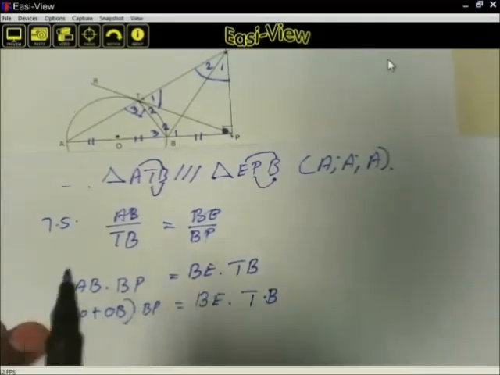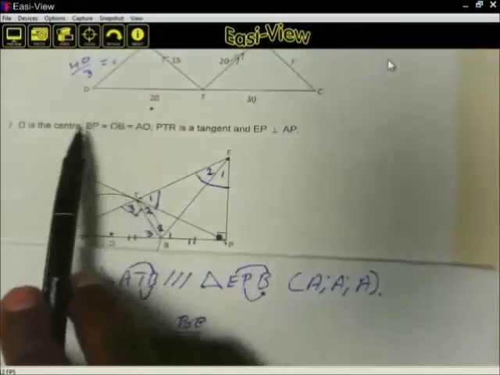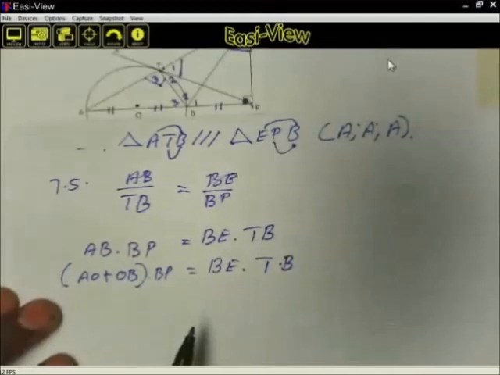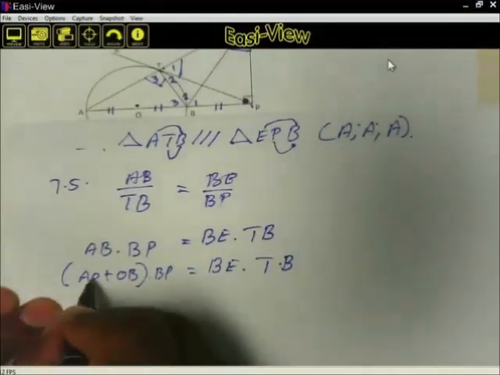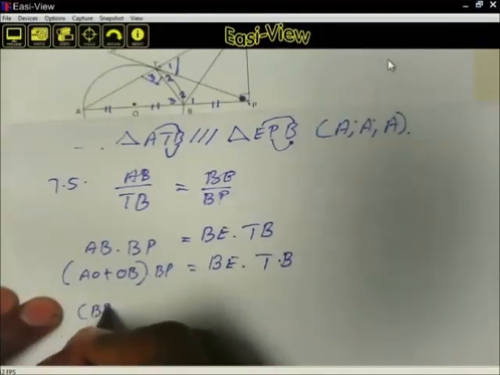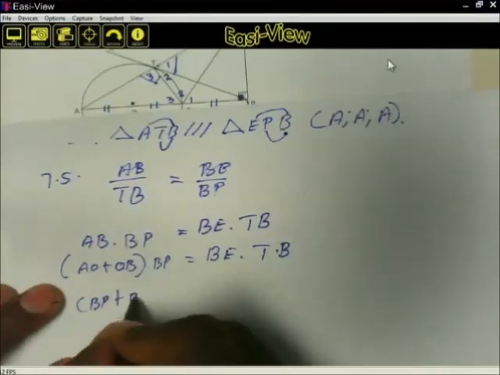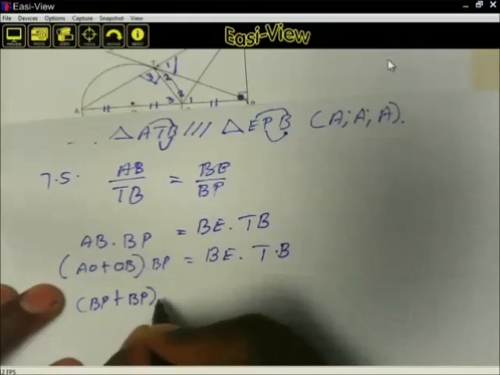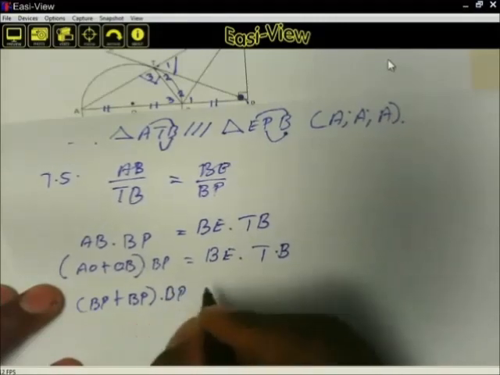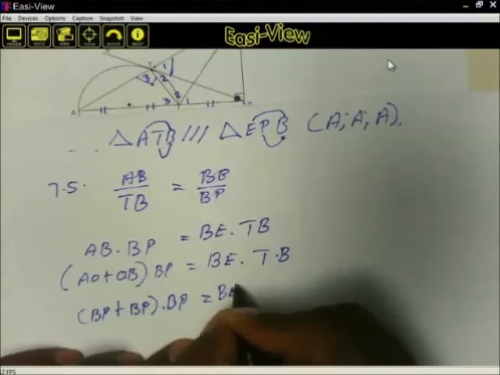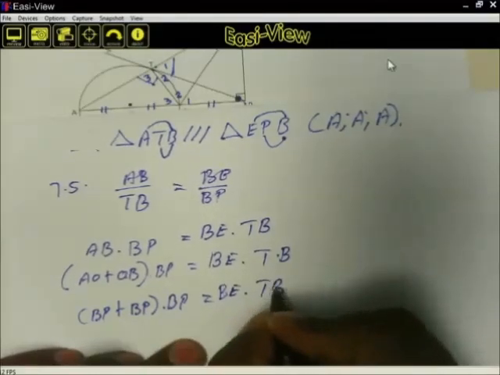Check AO. From the given information, BP equals OB equals OA. Then what do we do now? Instead of AO, we write BP, plus we've got OB, we still write BP, multiplied by BP. The product will still be the same as BE multiplied by TB.